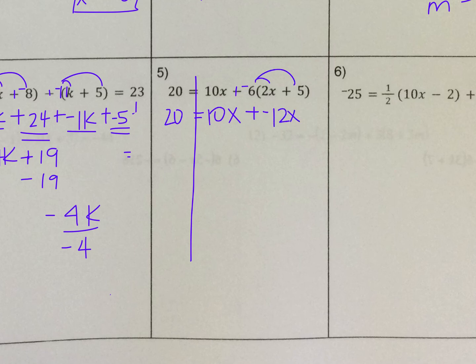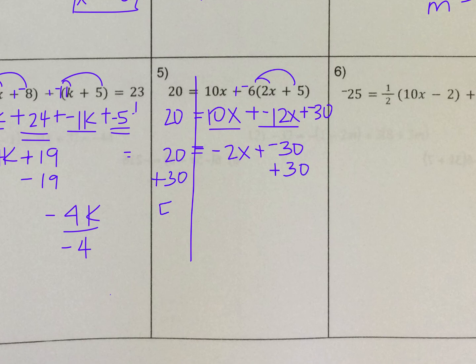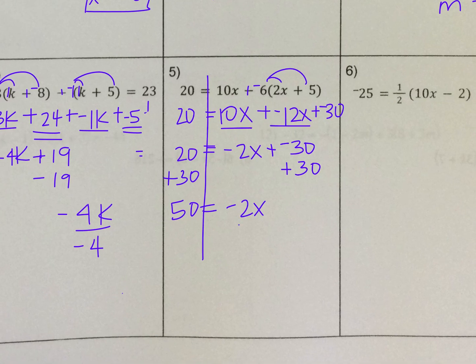Negative 6 plus 5 is negative 30. Combine my like terms. 20 equals 10x plus negative 12 is negative 2x plus negative 30. Negative 30 becomes a positive 30 when I move it. 50 equals negative 2x. Let's divide by negative 2. I get x equals negative 25.